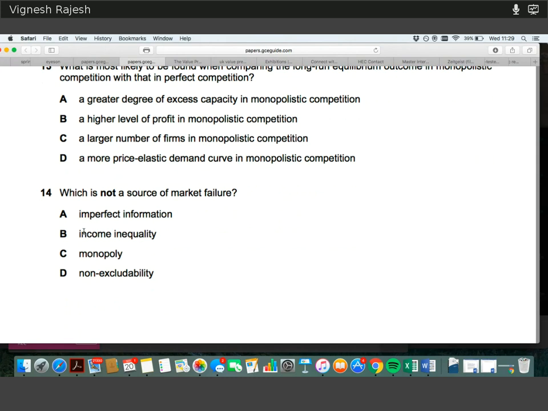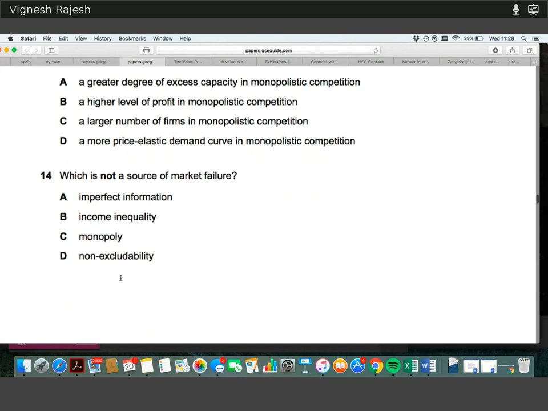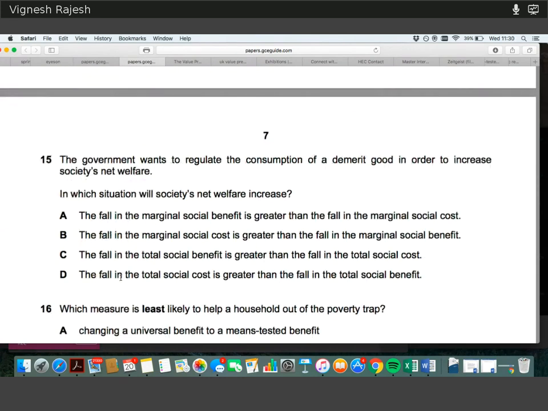I mean, it's very likely that different people are going to earn different amounts of money when they go into the market. Hence, different markets pop up for different consumers and different income brackets. But income inequality is a product of market failure. I think that's really where people can get caught out. It's not a source, it's a product. Monopolies can be a source of market failure, as can non-excludability in the case of public goods. So the answer is B, income inequality.